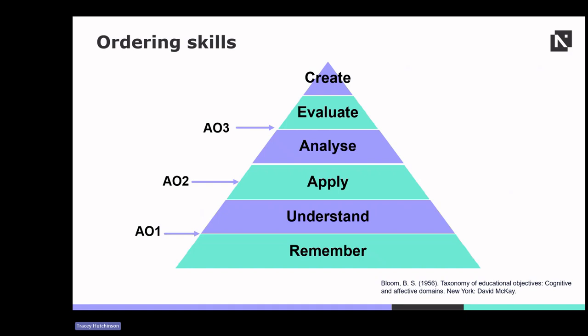When you're exploring different ways to get your students to demonstrate and consolidate knowledge, remember AO1 is understand and remember, AO2 is application, and AO3 is evaluate and analyse. Setting clear objectives for lessons and creating pre-consolidation formative assessment tasks linked to Bloom's taxonomy will also help support AO1, AO2 and AO3.